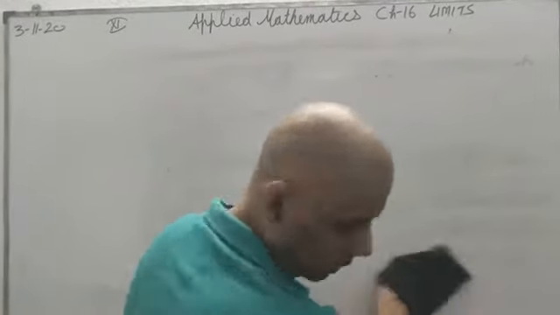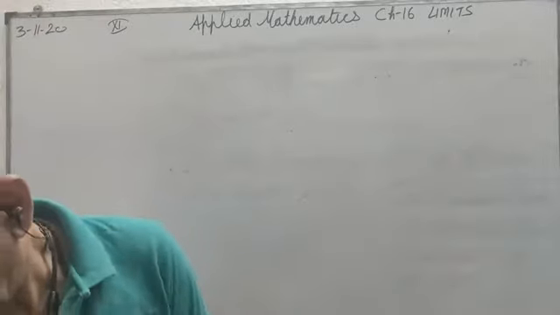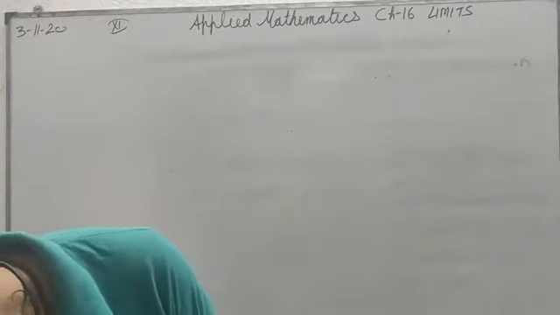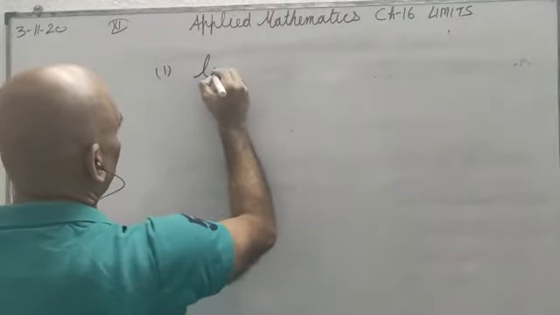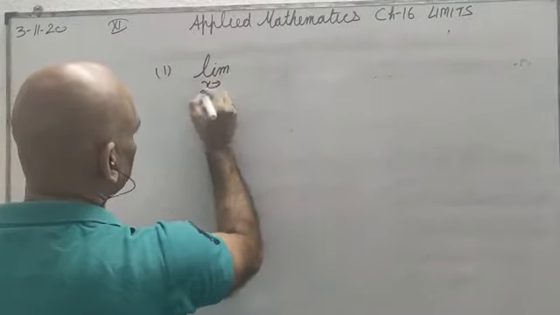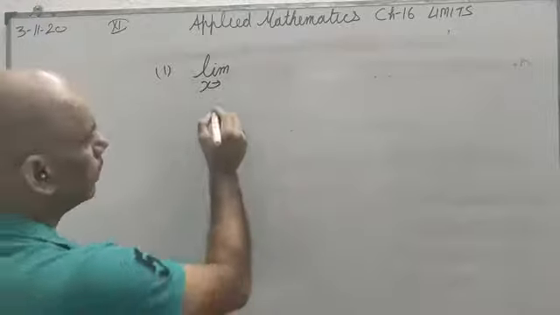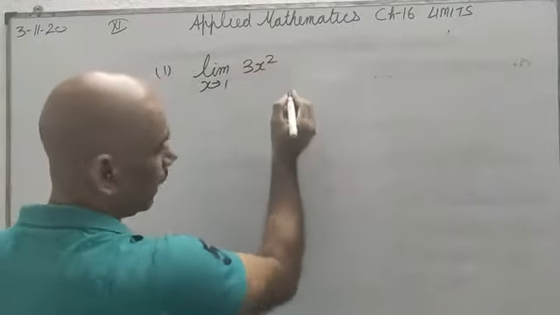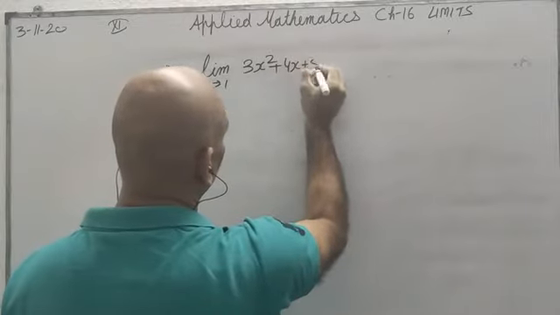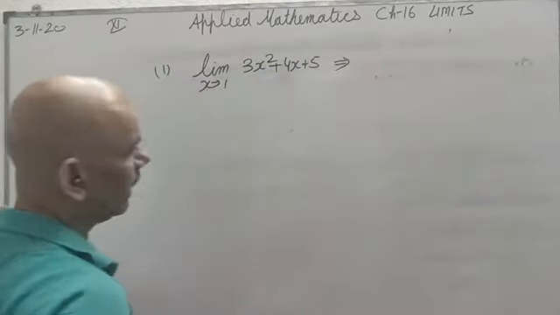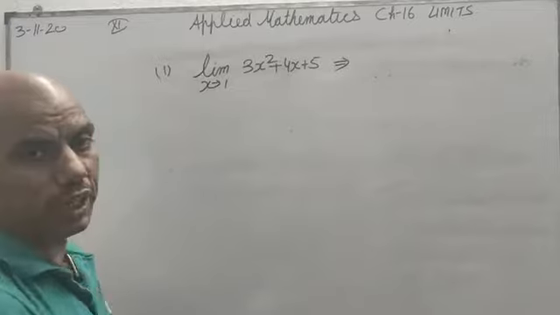For example, number 1 is given: limit x tends to 1, 3x square plus 4x plus 5. We will solve it by the direct method, as there is no indeterminate form.